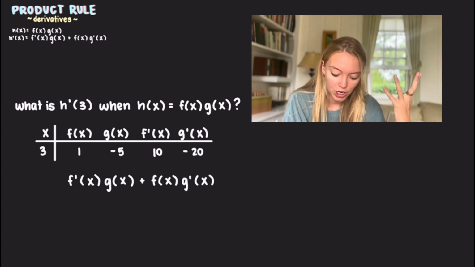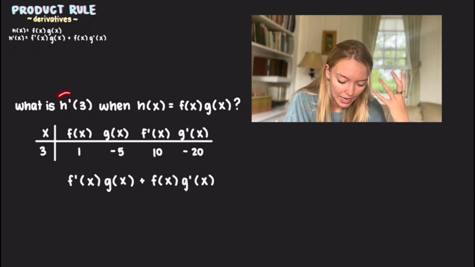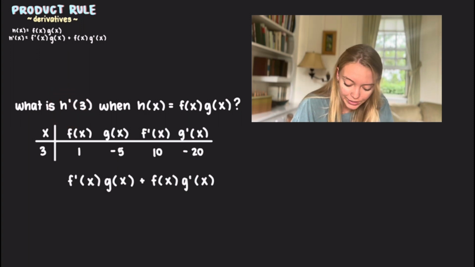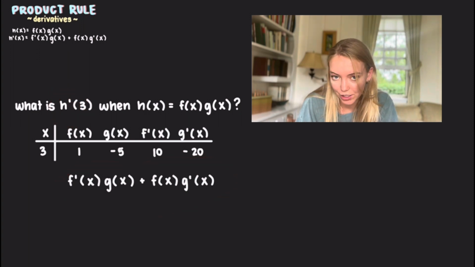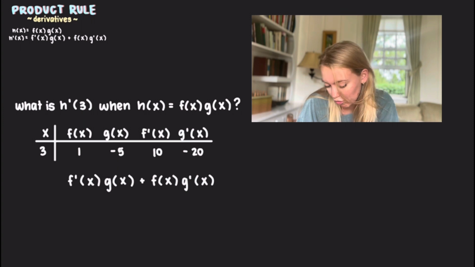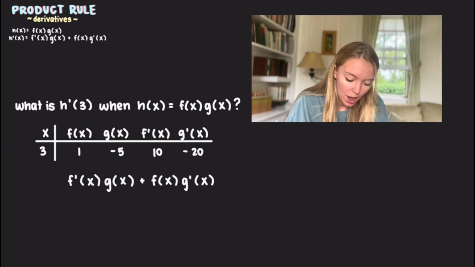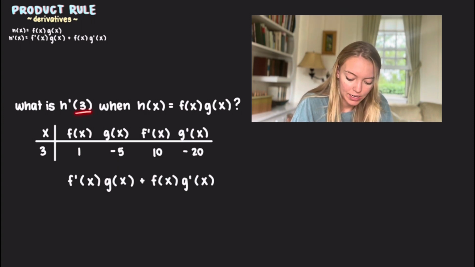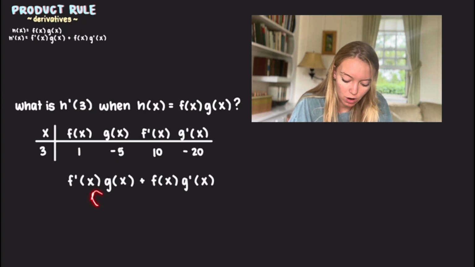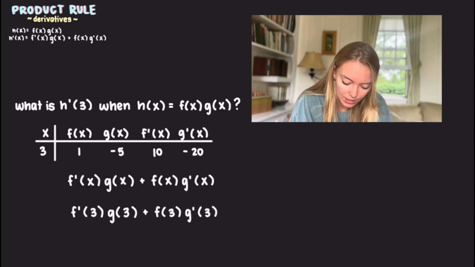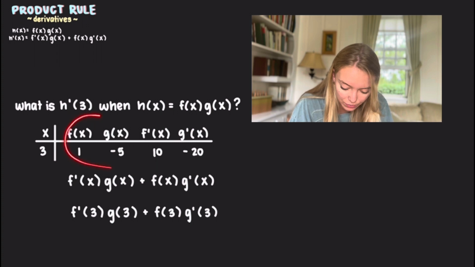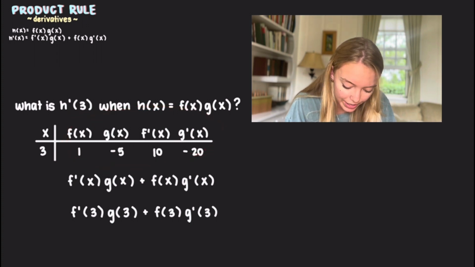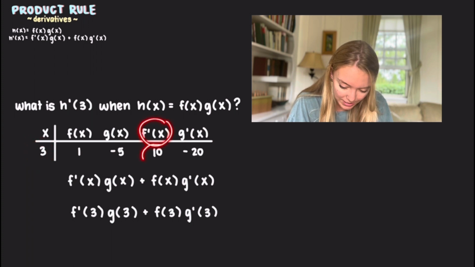Now we just plug and chug from here. It's asking, okay, what's h prime of 3? So this is going to be h prime because that's just the derivative that we just learned about. And now it's asking, okay, what is it at 3? So we need to plug in 3 where all these x's are. Now we have values for all of these. So we can look at f prime of 3. If this is x, f prime is going to be 10.